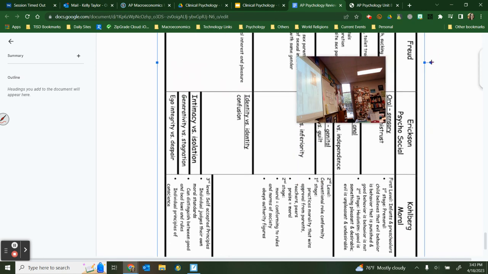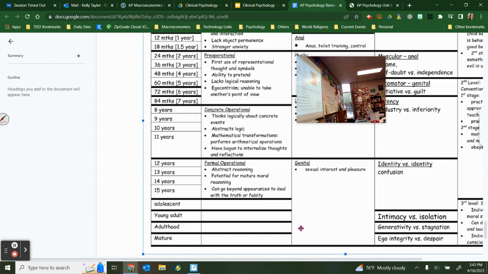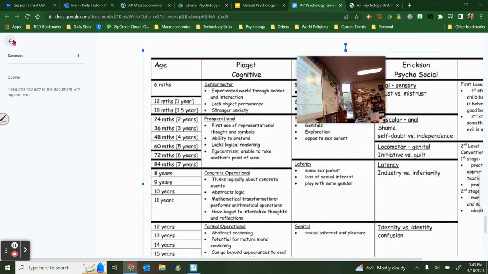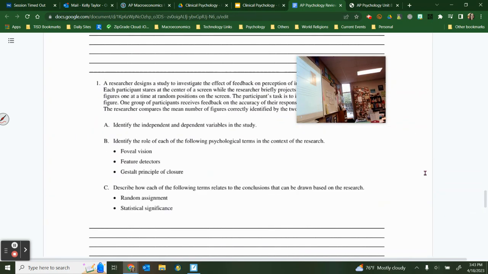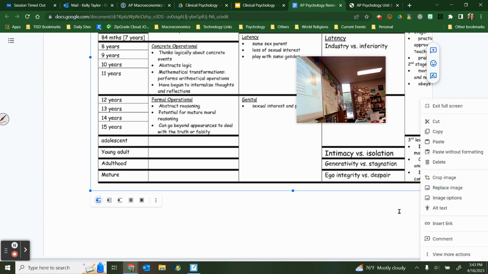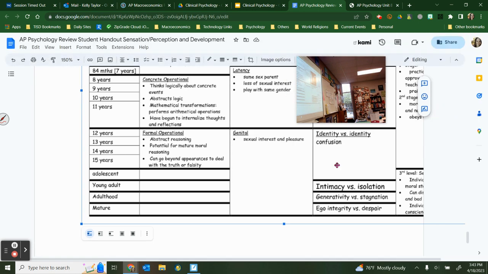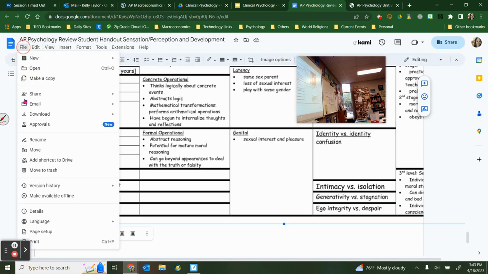Okay, and there. Nice. Now you can pick landscape. Where's the menu? Exit full screen. File. Page setup.